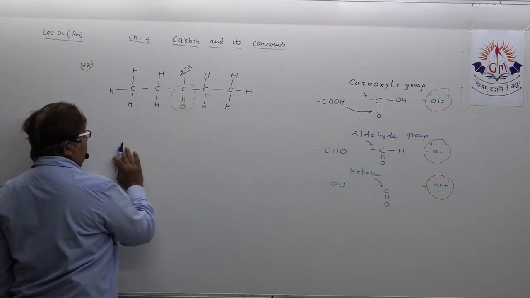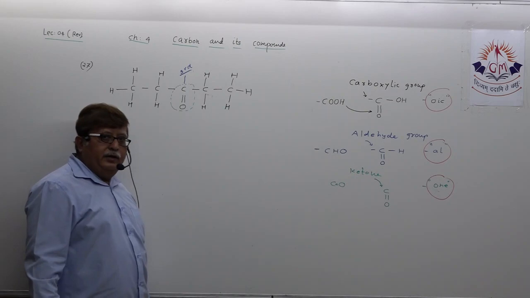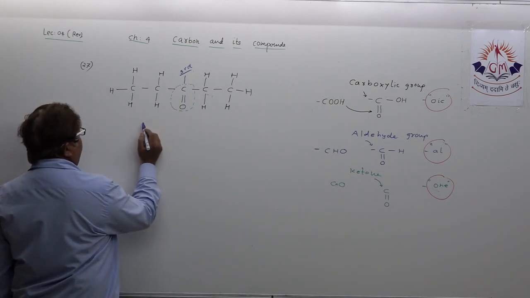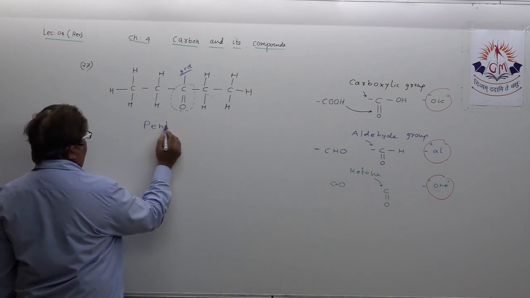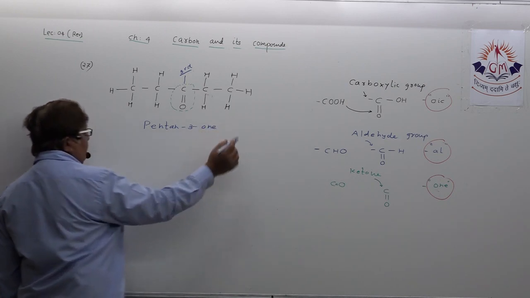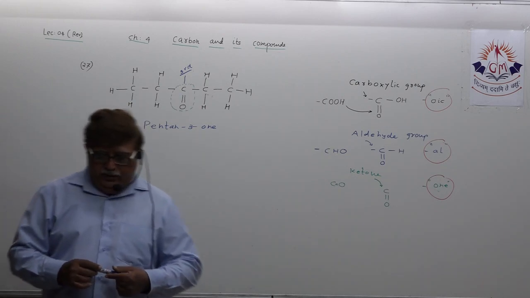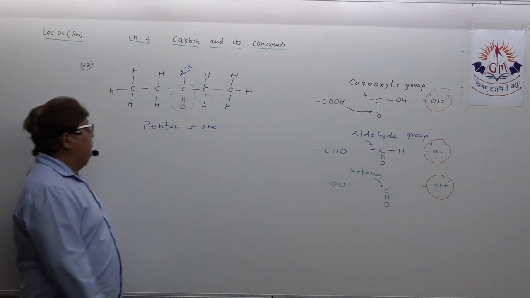It consists of 5 carbon atoms, that I know. So I can name this as pentane-3-one. You understood this? Pentan-3-one ultimately. You understood, dear student?